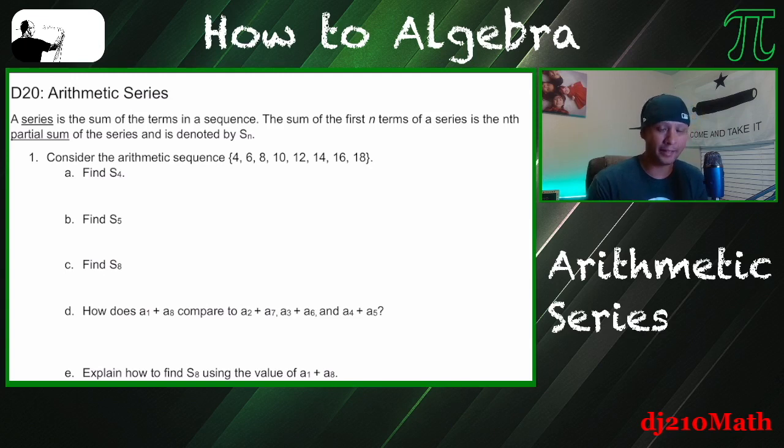So instead of 4, 6, 8, 10, all the way up to whatever number, it's 4 plus 6 plus 8 plus 10. So it's adding up the first n terms of the series, like the first 5 terms or the first 4 terms, whatever the case is. We consider that to be the partial sum. And if you add up the entire series, then that's just the sum.